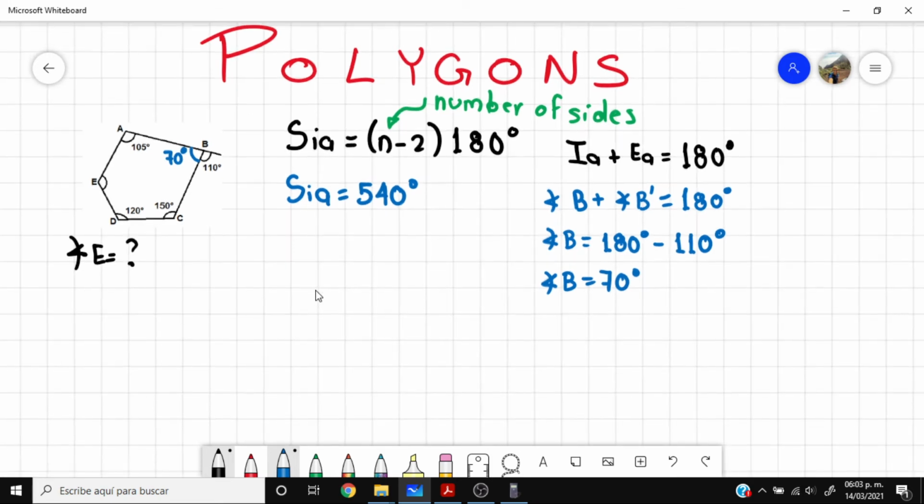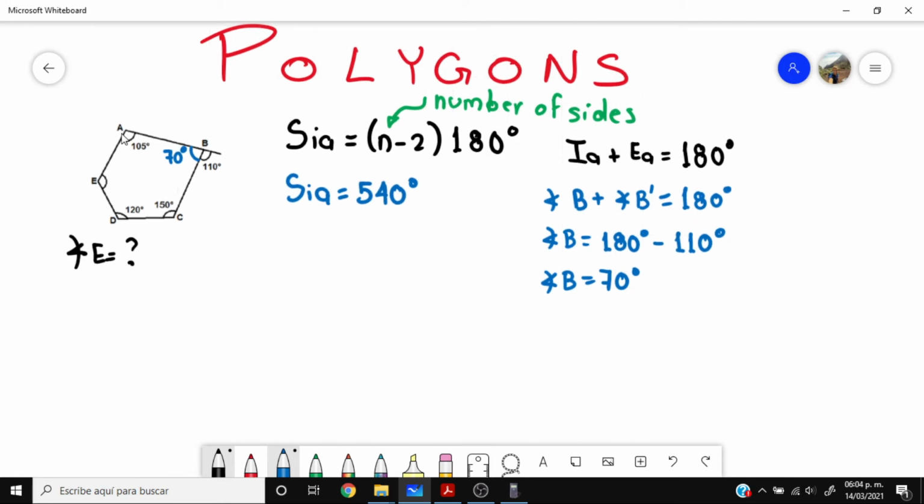So that means the angle A plus B plus C plus D plus the angle E equals 540 degrees, because that is the sum of the interior angles in this polygon.